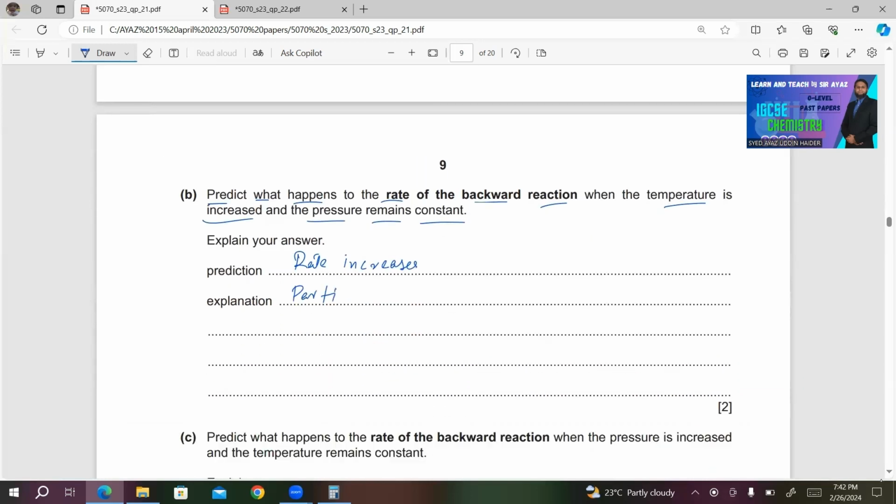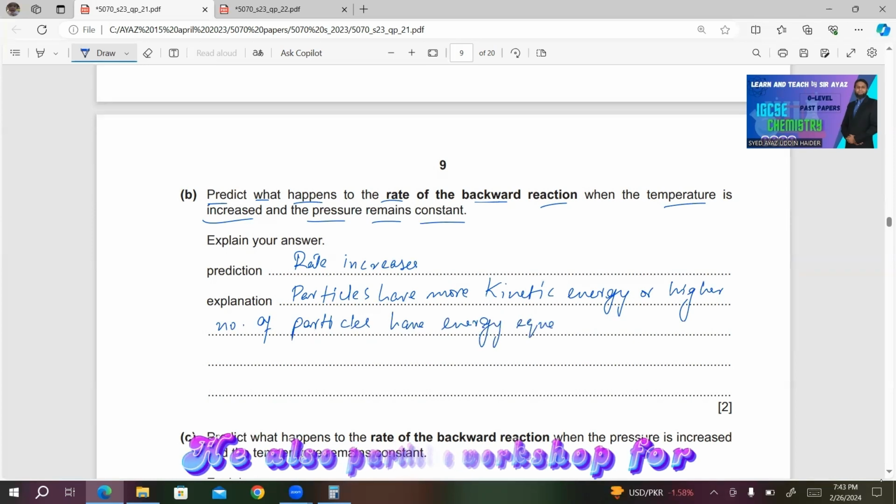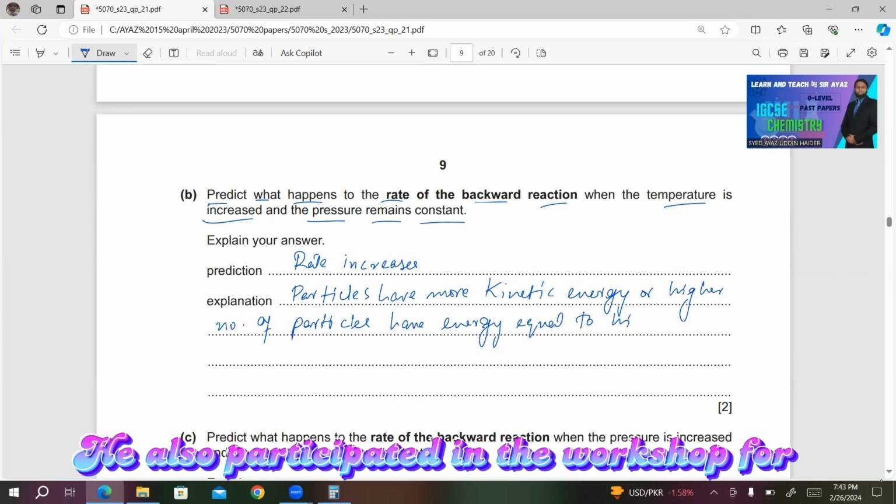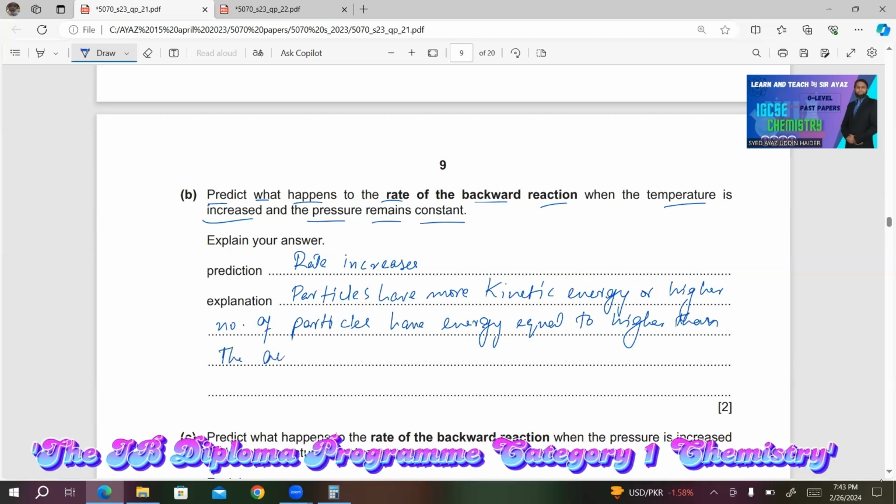Particles have more kinetic energy, or a higher number of particles have energy equal to or higher than the activation energy.